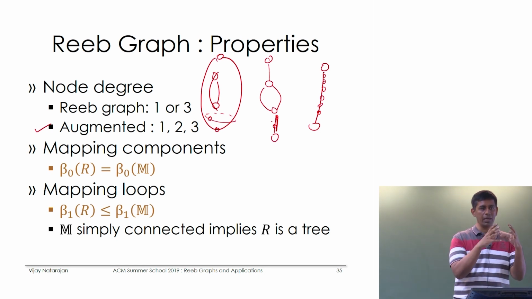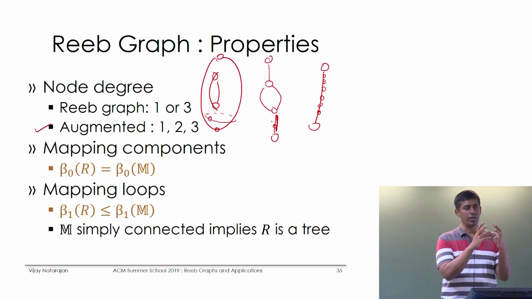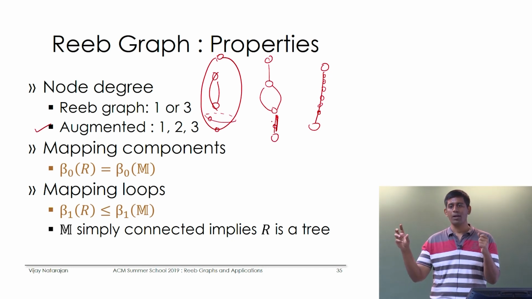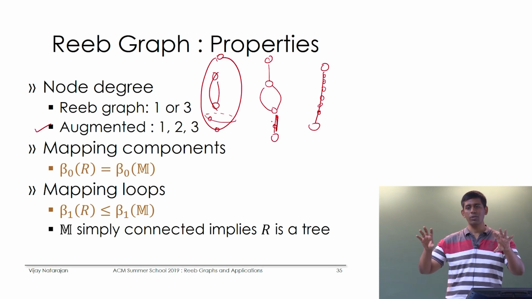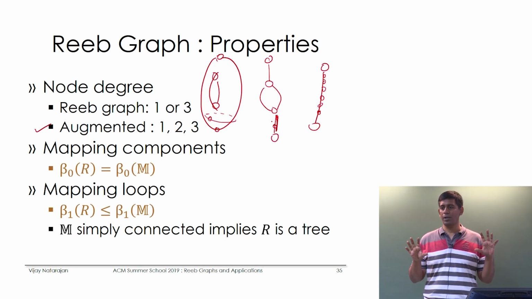So if you have a single torus and you have a height function, the Reeb graph will have one connected component. If you have two tori and a function defined over these two tori, then the Reeb graph corresponding to that will have two different components.